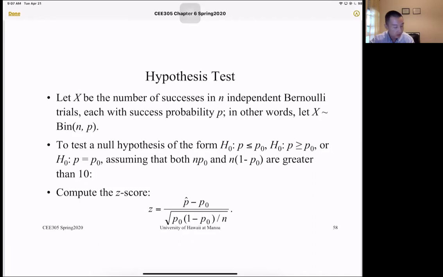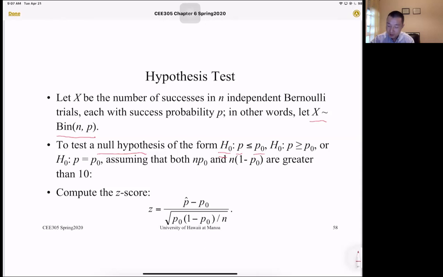Let's define X as the number of successes in n independent Bernoulli trials. Based on chapter 4, we know X will follow a binomial distribution with n and p, where n is the number of trials and p is the success rate for each trial. Then the null hypothesis can be set up as P, the population proportion, less than or equal to P0, where P0 is whatever the question gives.